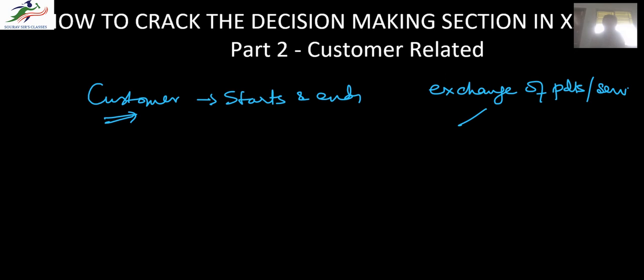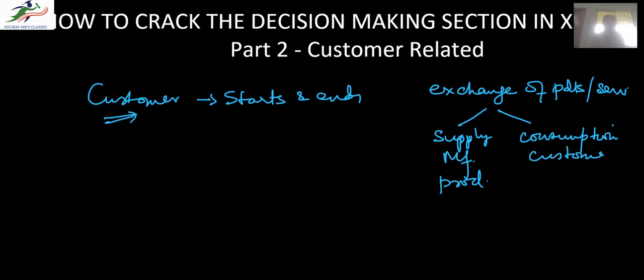This exchange means there is a supply of products by the manufacturers or producers, and there is a consumption of the products or services by the customers or consumers.